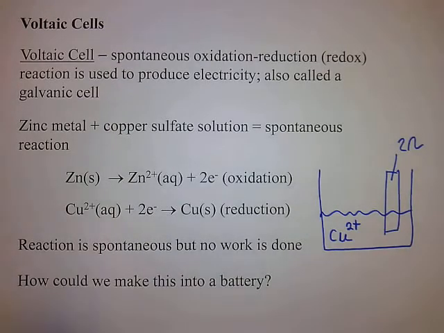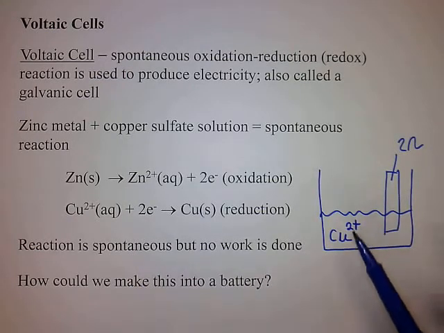And you're familiar with the appearance of copper. It's kind of reddish in color. If you pull the zinc strip out, it would be coated with copper metal, because the copper, one more time, is going to pick up those electrons and get reduced down to copper metal. So this reaction is spontaneous.